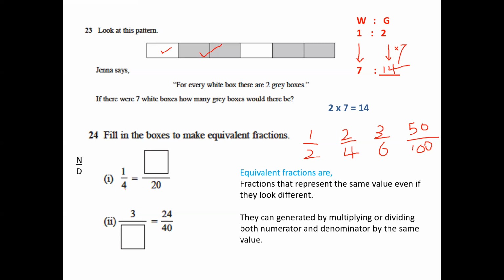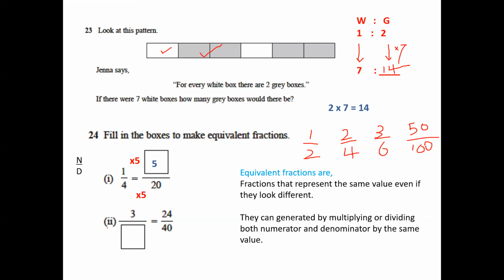So 4 times 5 is 20. So if you multiply the numerator also by 5, you will get the numerator of the equivalent fraction. So 1 times 5 is 5. So 5/20 is an equivalent fraction for 1/4.